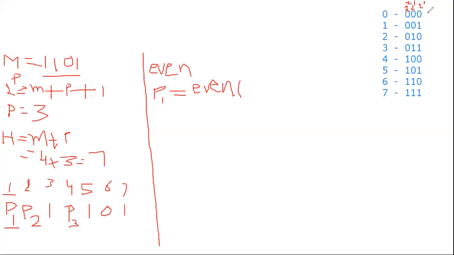So even parity of, see this table. In this table, this is the 2 power 0 position. So in this, where 1 will be there: 1, 3, 5, 7. Okay, remember this. At 1, 3, 5, 7.